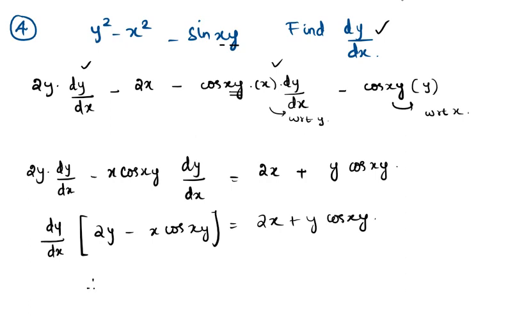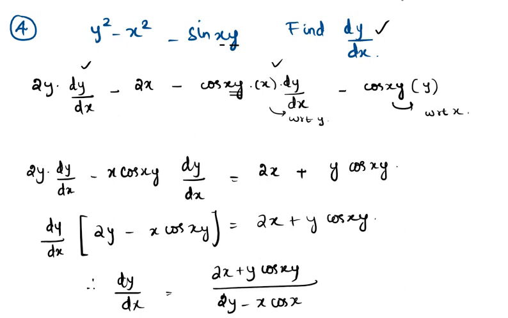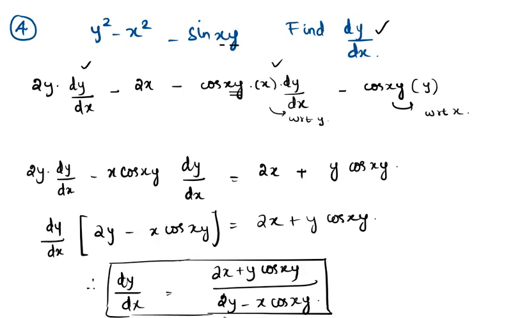So since we have to find dy by dx, we can write dy by dx is equal to 2x plus y cos xy divided by 2y minus x cos xy. So this is the answer we have to find out. So hence we find the answer.